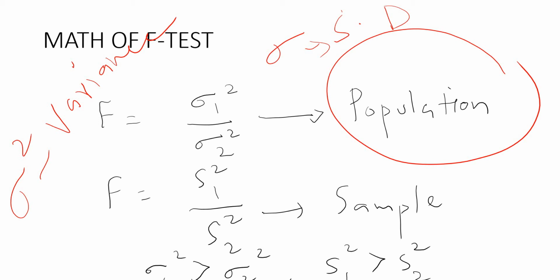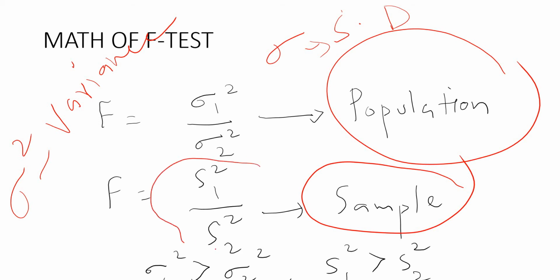You need to understand the difference between population and sample. You can watch the previous videos. These are all basic concepts in statistics. S1 square by S2 square: for a sample, you write the variance as S square, and sigma square for a population.